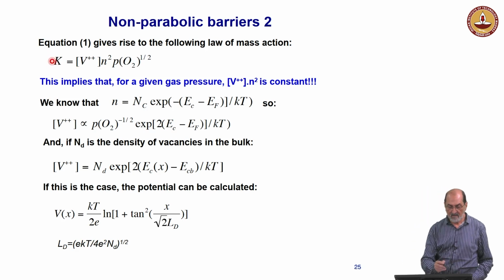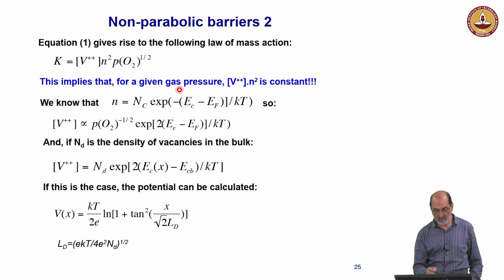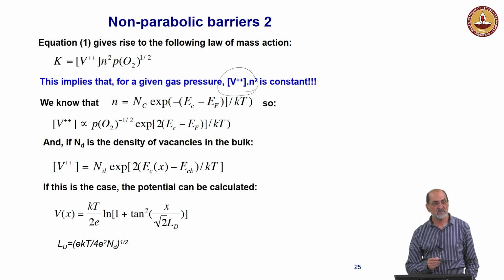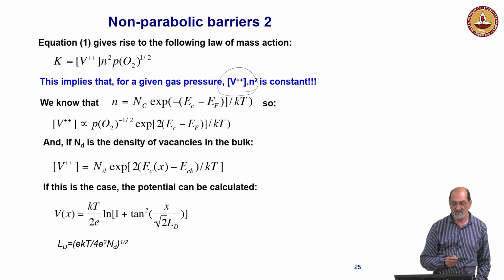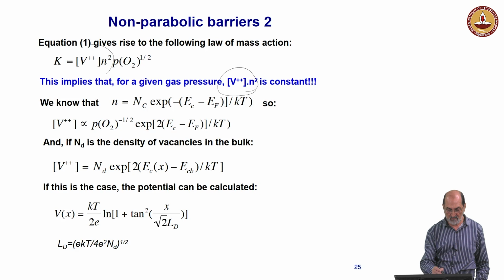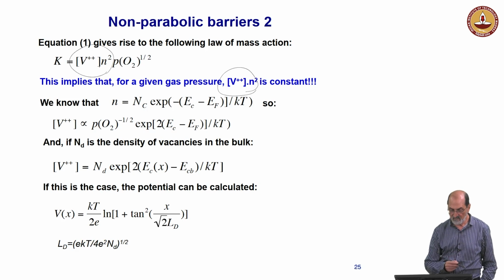So for a given gas pressure, this product is constant. Do you agree? The product of the vacancy density times the square of the electron density has to be constant. Look at the equation: if I don't change the pressure, this is a constant, so this has to be a constant.